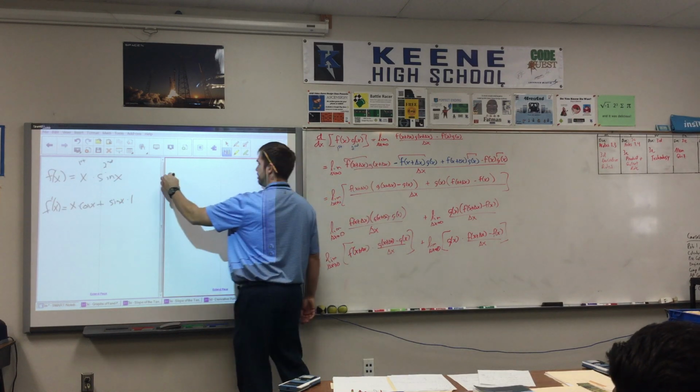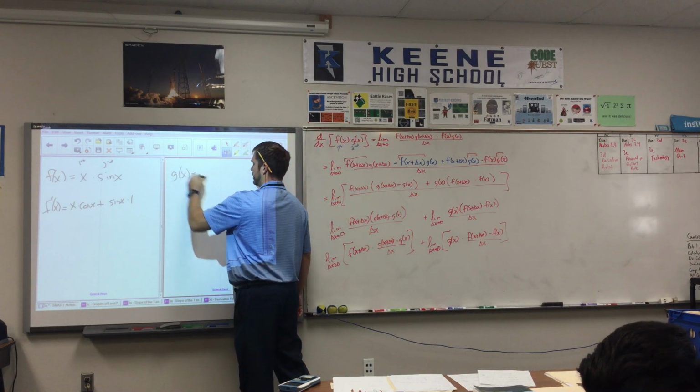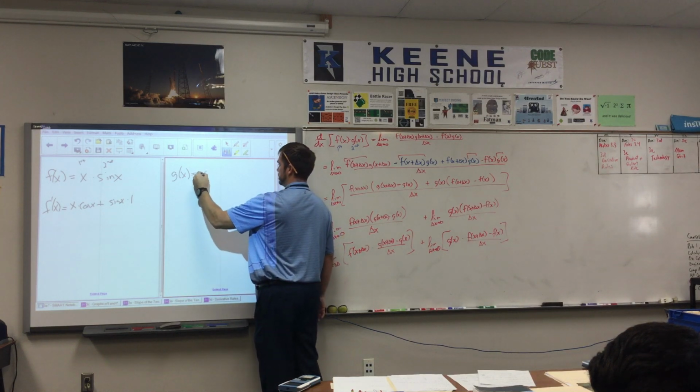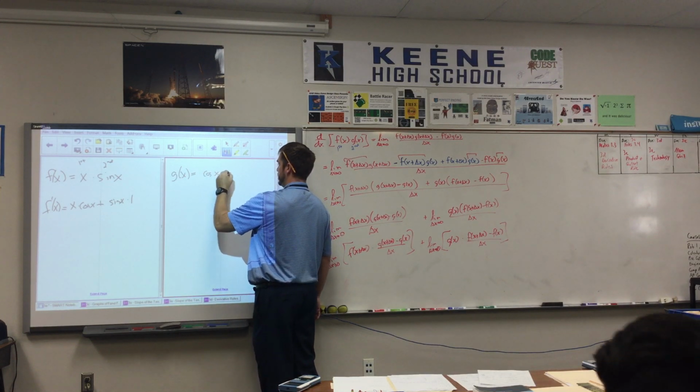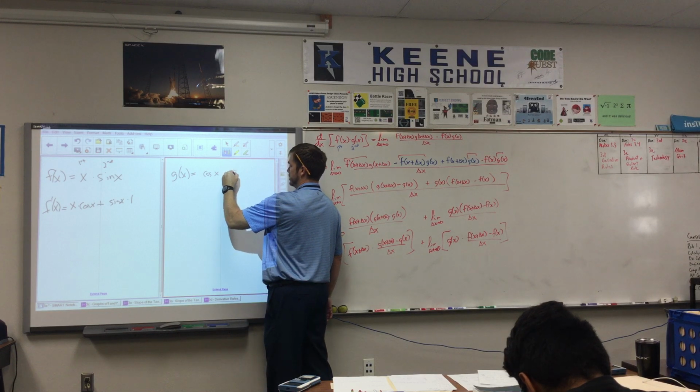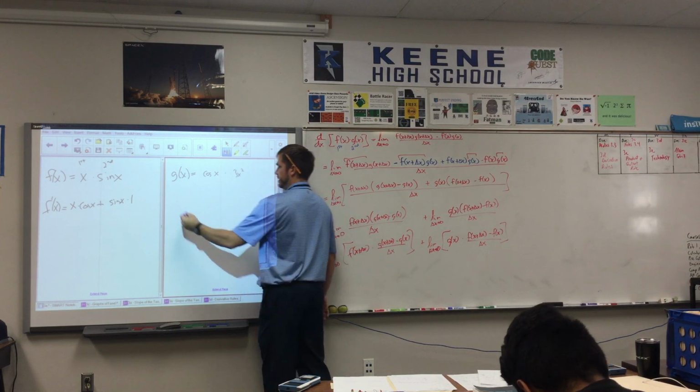Let's do another one. g of x equals cosine x times 3x squared.